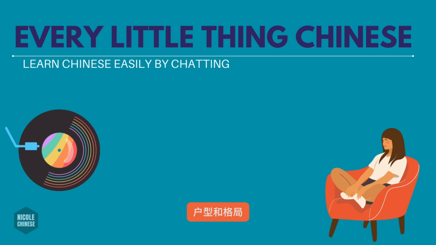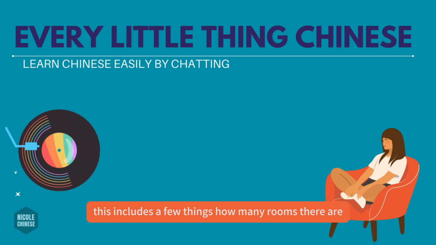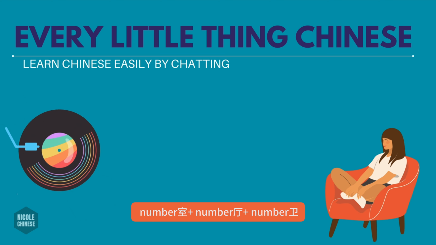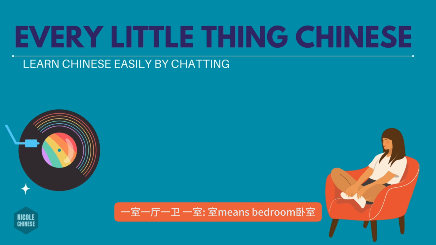户型和格局. This includes a few things. How many rooms there are, which in Chinese is usually expressed as number, 室, number, 厅, number, 卫. Example, 一室一厅一卫. 一室, 室 means bedroom, 卧室.